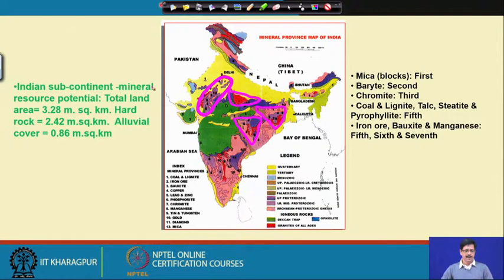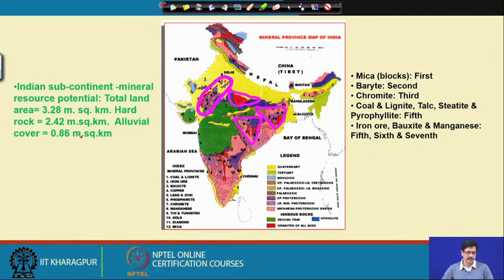So, if we look at the mineral potential of the Indian peninsula or Indian subcontinent as a whole, we see the statistics a little bit over here. That is about 3.28 million square kilometer. The hard rock is about 2.42 million square kilometer if we exclude the substantial area that is covered by the Deccan Traps.